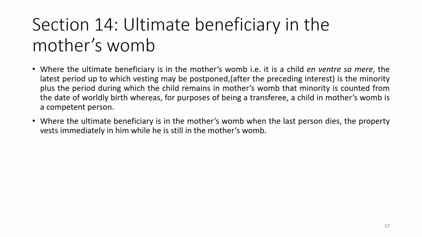That minority is counted from the date of worldly birth, whereas for the purpose of being a transferee, a child in the mother's womb is a competent person. So, where the ultimate beneficiary is in the mother's womb when the last person dies, the property vests immediately in him while he is still in the mother's womb. So, this is what happens when the property is going to be vested.